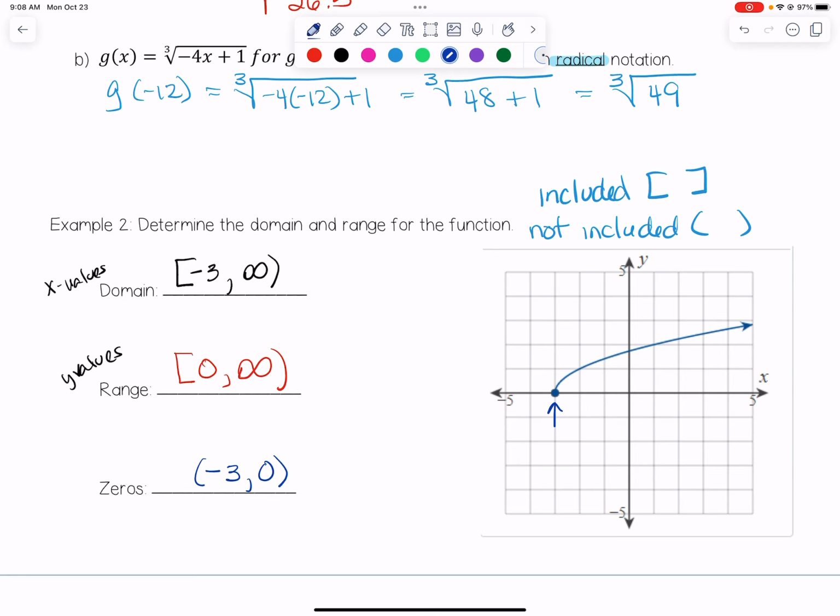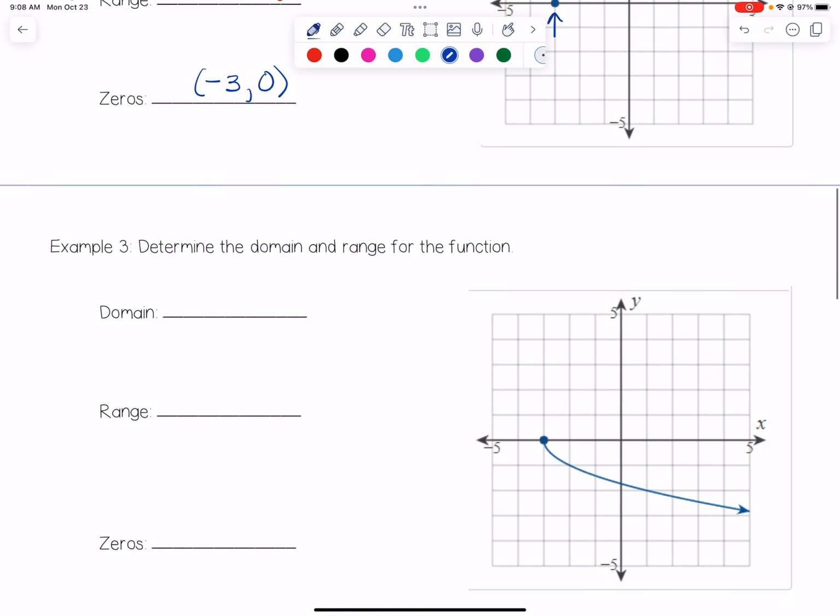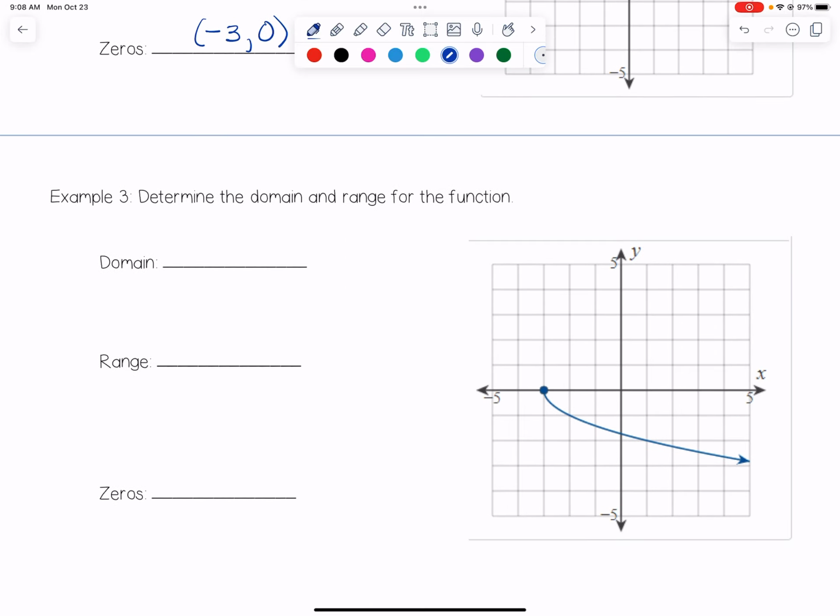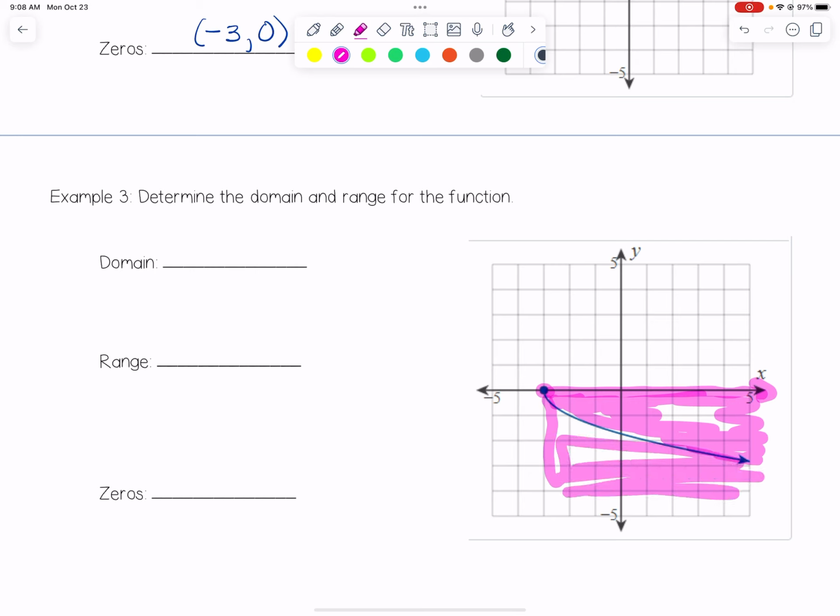Okay, so we're going to try another one. And so again, the domain is going to be from this x value on. Okay, so it's going to cover everything from that x value, and it's going to go below because that graph just keeps on going.